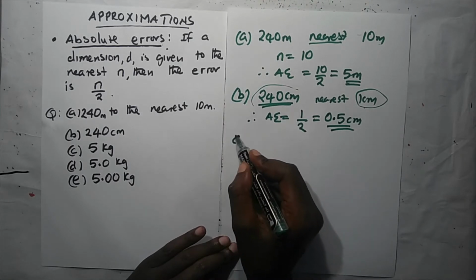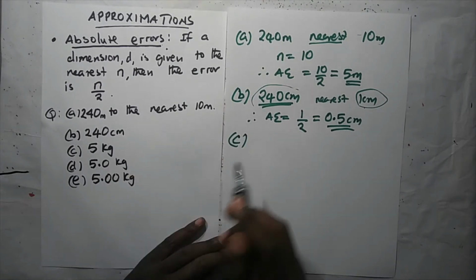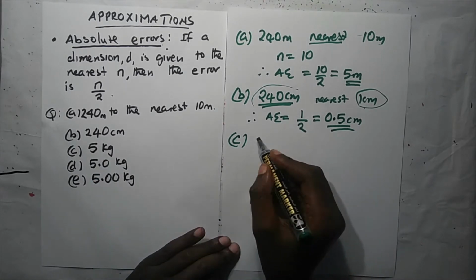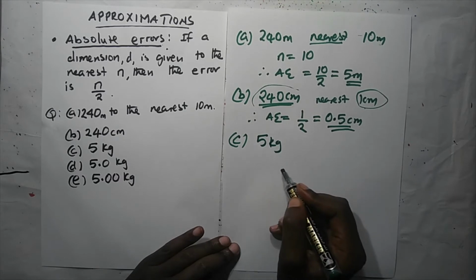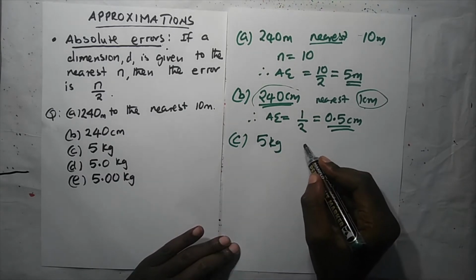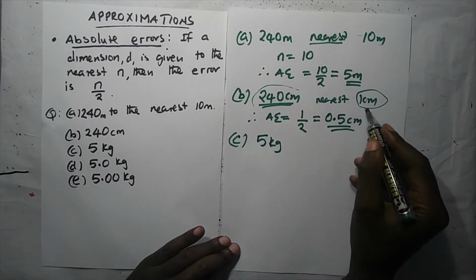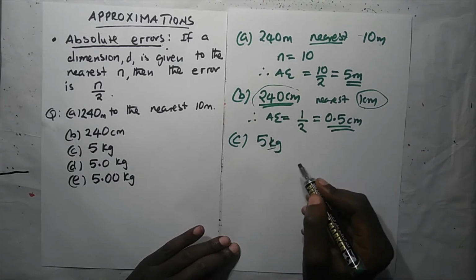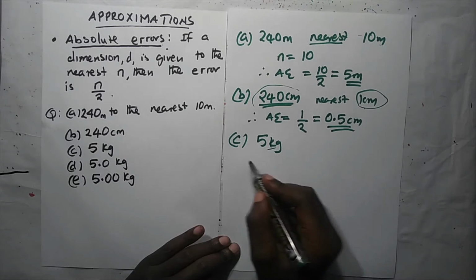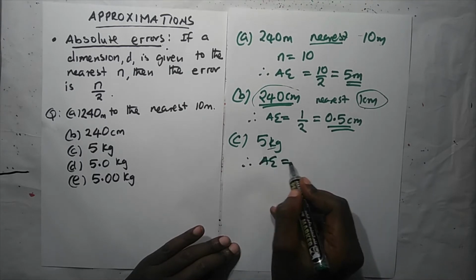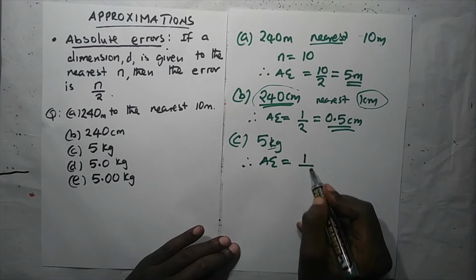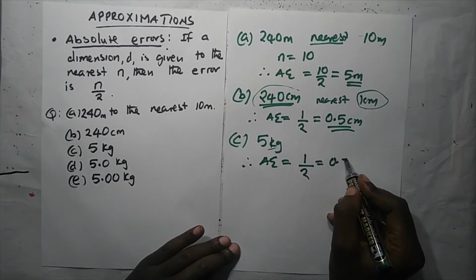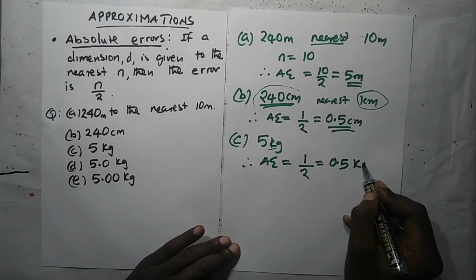And then we go to the next question, which is 5 kgs. We are asked to find the absolute error in the number 5 kgs. Since this is a whole number, it is measured to the nearest 1 kg, since the units are kgs. And so the absolute error in this number will be 1 over 2, which will give us 0.5 kgs.